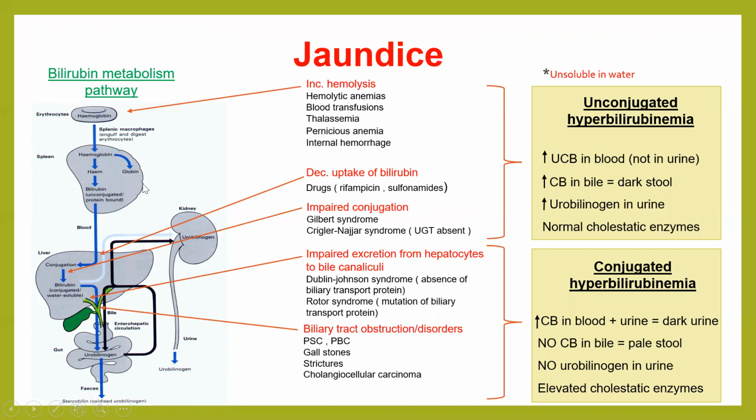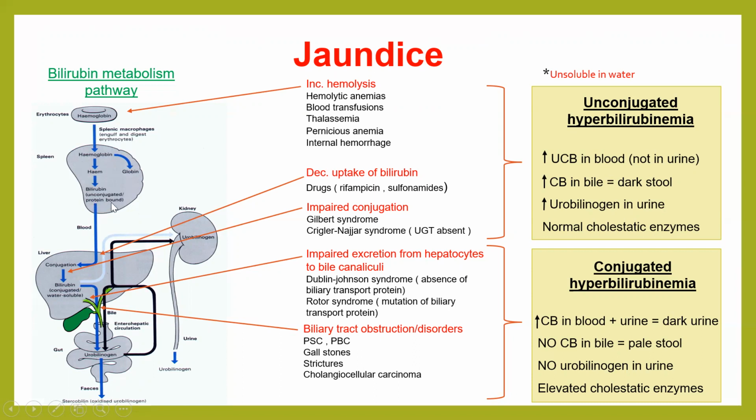Globin is a protein, it can be reused and metabolized quite easily. And what happens with heme is that it's converted into biliverdin and then bilirubin. Now, bilirubin is not water soluble, so it needs to be attached to a protein in order for it to be released into the blood.